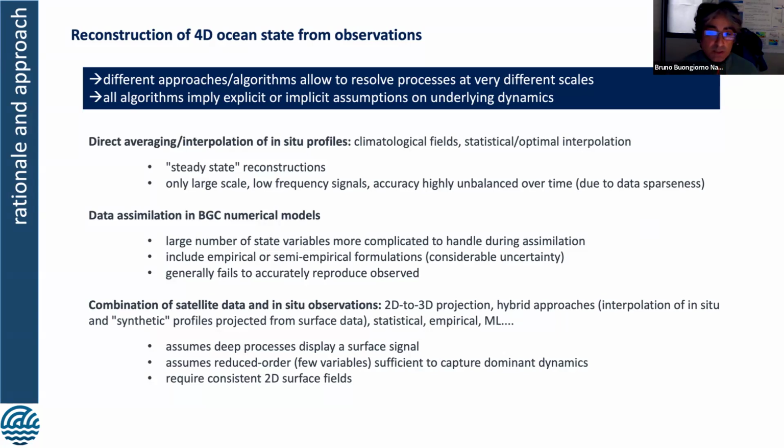These usually lead us either to climatological fields reconstruction or to the application of some statistical interpolation tool like optimal interpolation. And of course, these kinds of approaches can only give us information on either a sort of steady state of the ocean or on the dynamics that occur on very large scale and with low frequency.